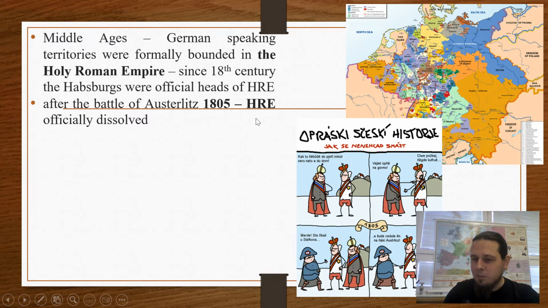Napoleon defeated the Austrian armies, also with their Russian allies, and he forced our emperor to accept the dissolution of the Holy Roman Empire, which means that France was taking over a kind of protection, but at the same time influence, upon these territories.